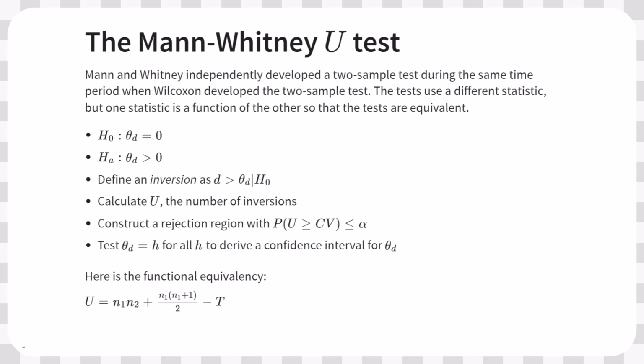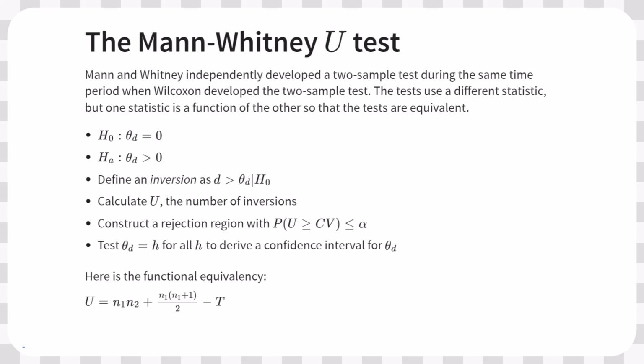Now define an inversion. That's what they called it for some reason. Define that inversion as a D, that is one of those difference scores, being greater than the median D, that is the median difference, the Hodges-Lehmann value, under the null hypothesis. Well, with the null hypothesis I have here, the conditional theta sub D is just 0.